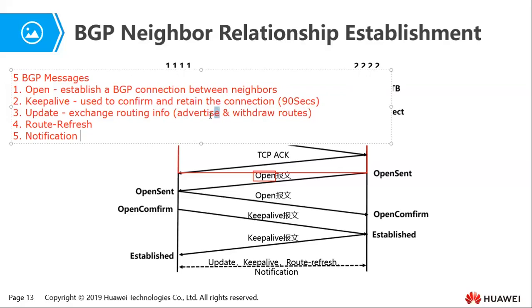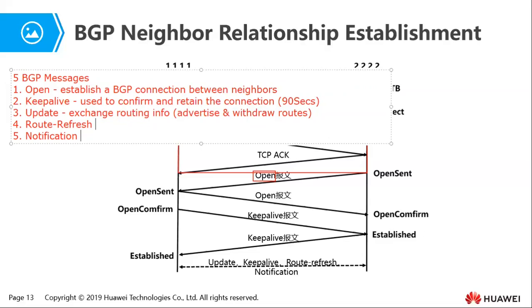Routes that are reachable are advertised. If I had advertised a route and it becomes unreachable, I send an update message to withdraw that route. I simply specify the network address: hey, this network has gone down, so delete that particular route from your BGP routing table.